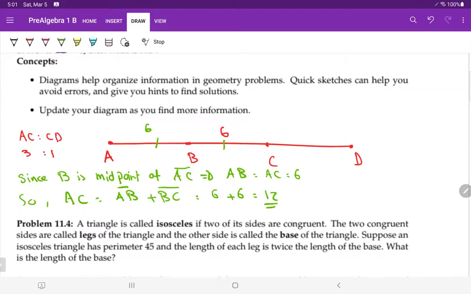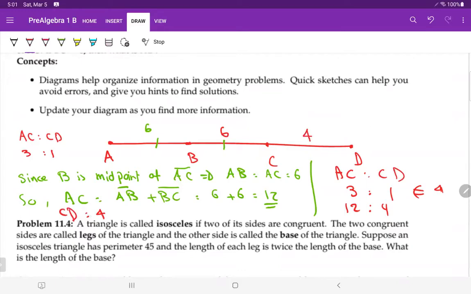So if AC is 12, what this one is going to be is going to be 4. It's like you multiply by 4, right? So now AC is 12, then CD equals 4.